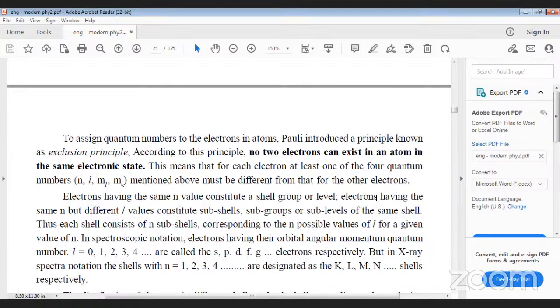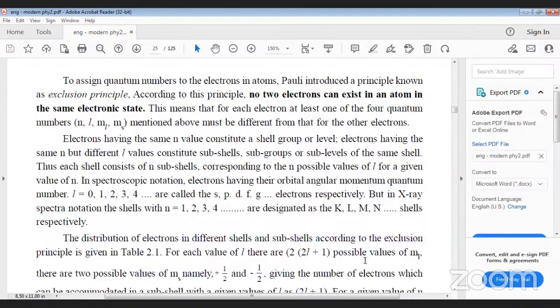Pauli introduced a principle known as the exclusion principle. According to that, no two electrons can exist in an atom in the same electron state.